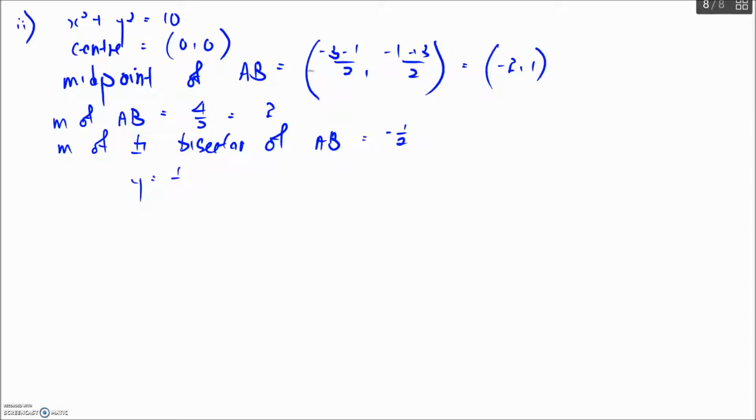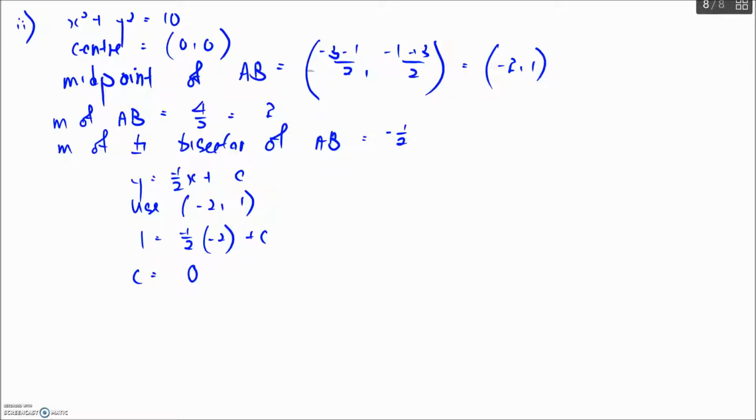Okay, I'm going to write it in the form of an equation of a straight line, and using the midpoint that I've just found, I'm going to find the value of c. So after evaluating it, you realize that the value of c is equal to 0.